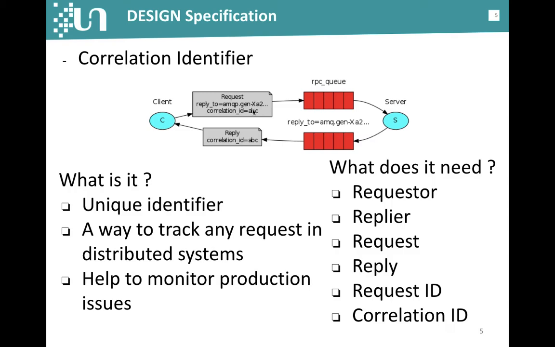We can see in this example that the ID is represented with ABC, and the correlation ID, which is the same as the request ID in this example, is also ABC. So when the client receives the reply, he can match the request with the reply.